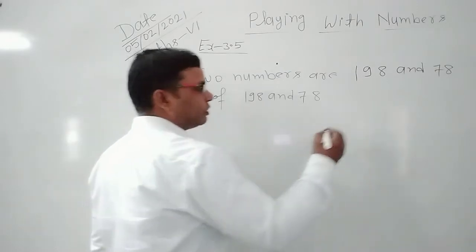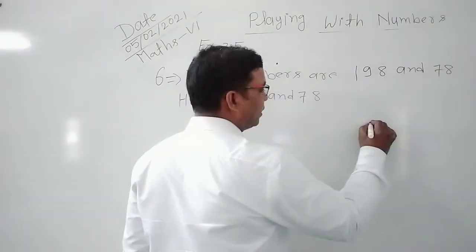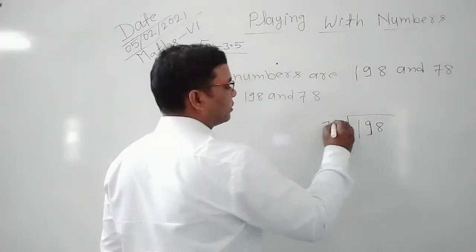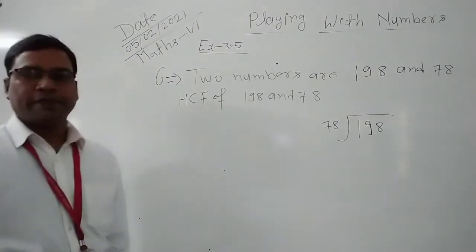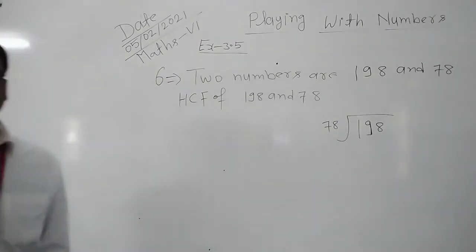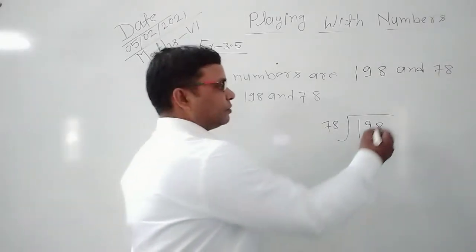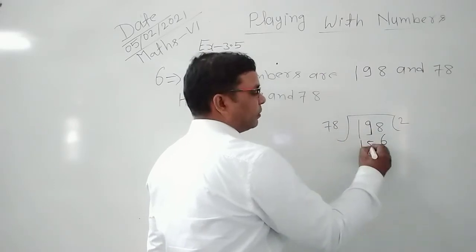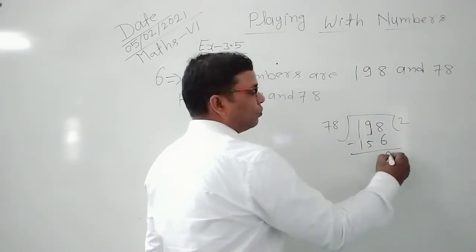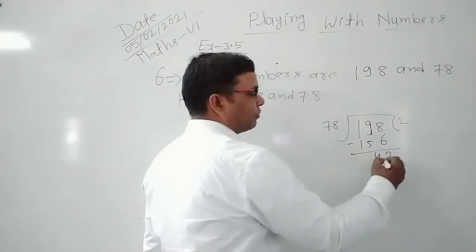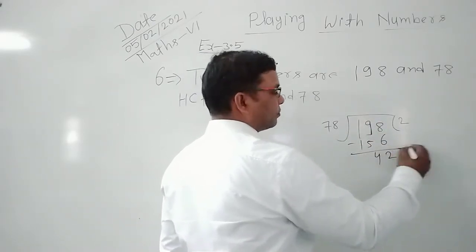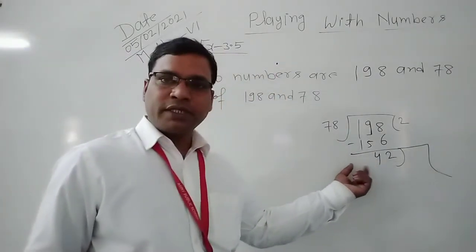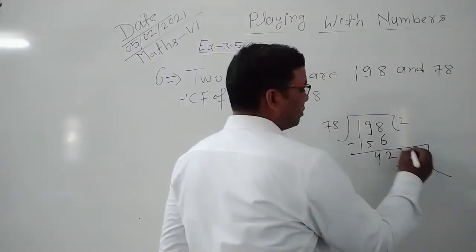By the division method, first we write the greater number. 198 is the greater number, and we divide it by the second number, 78. How many times? 2 times. So here we write 2. 2 times 78 is 156. Subtract them. Here we get 42.